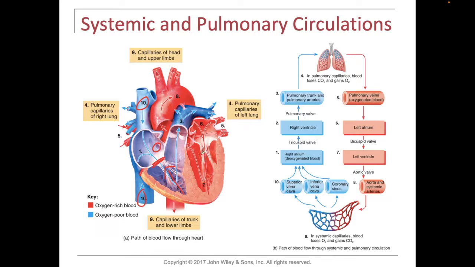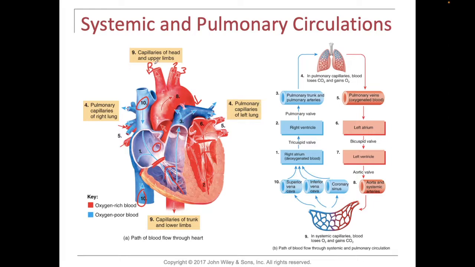The pressure forces the blood from inferior to superior, shutting the bicuspid, aka mitral valve, forcing blood through the aortic semilunar into the ascending aorta, into the arch of the aorta, down into the descending aorta, into the thoracic aorta, into the abdominal aorta.